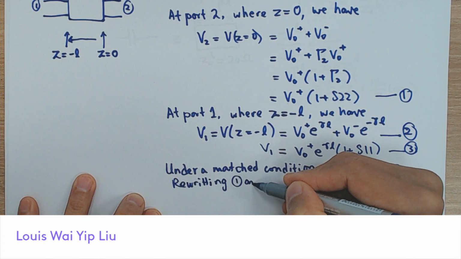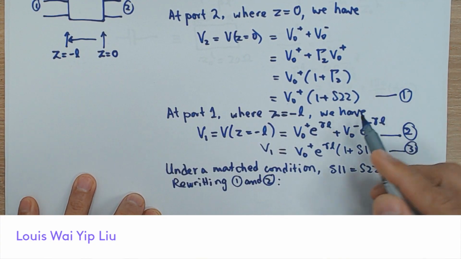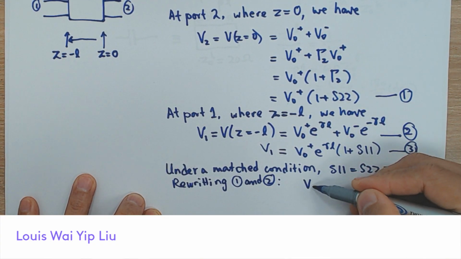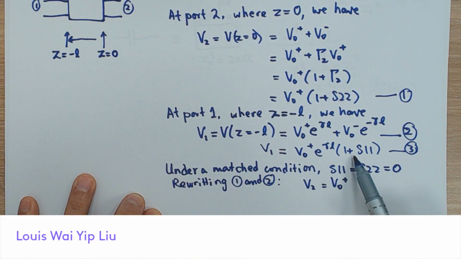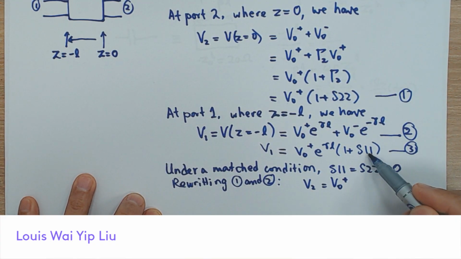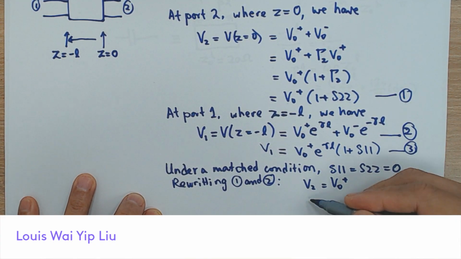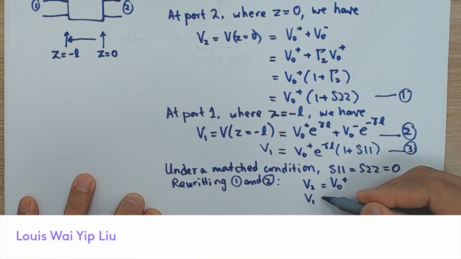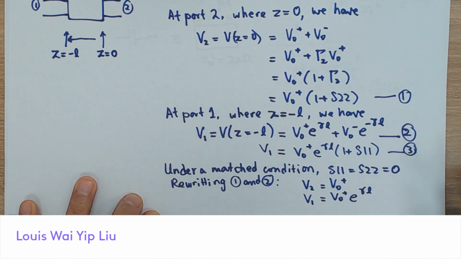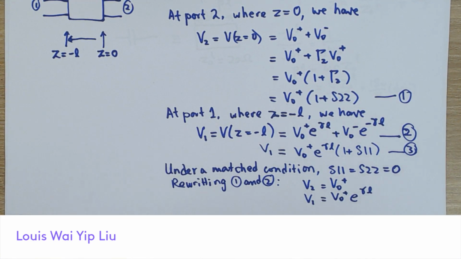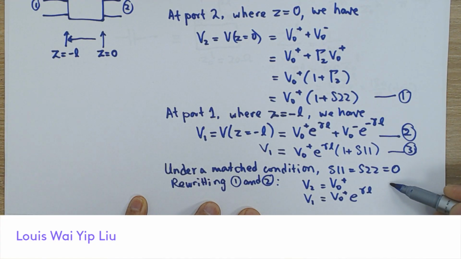One, we have, and two, and if we disregard this term, we get, so let's say this is equation 4 and this is equation 5.